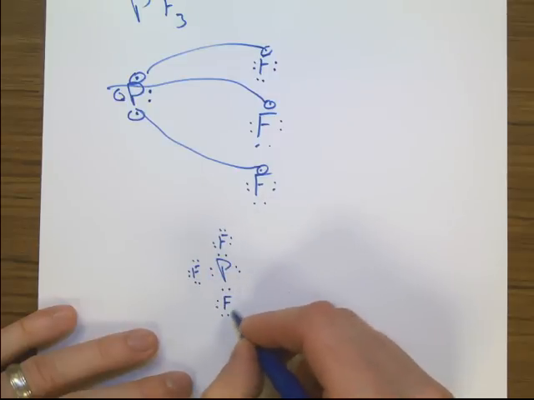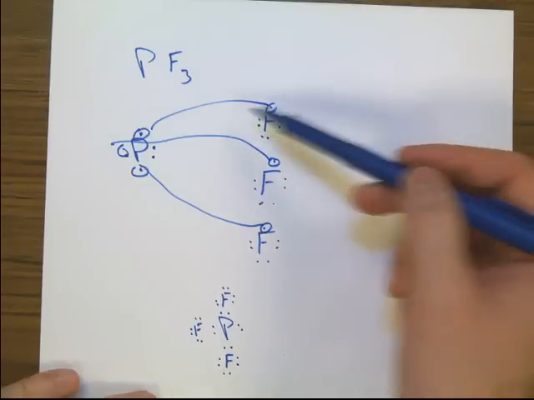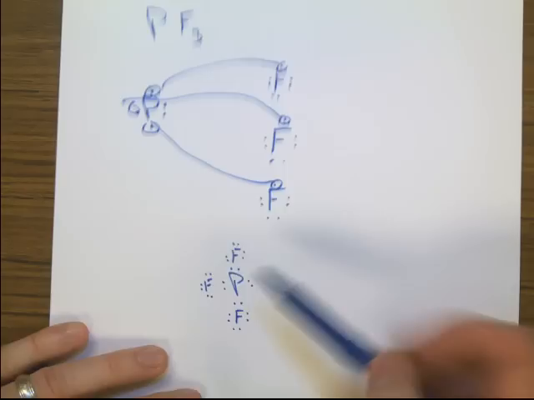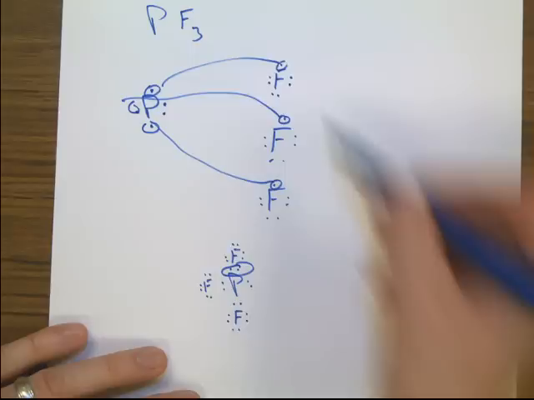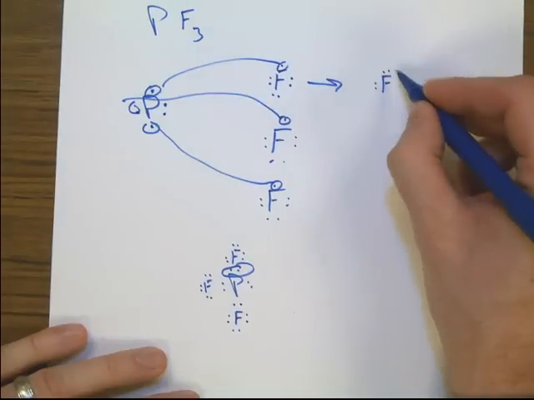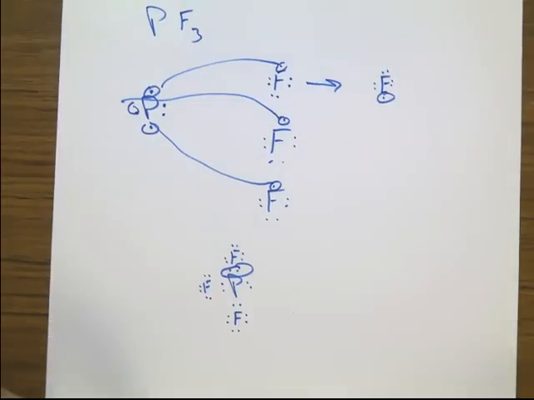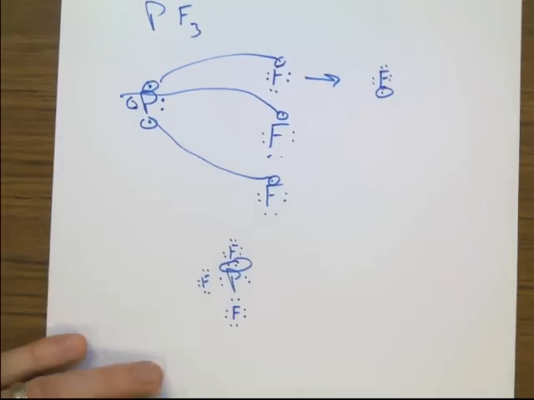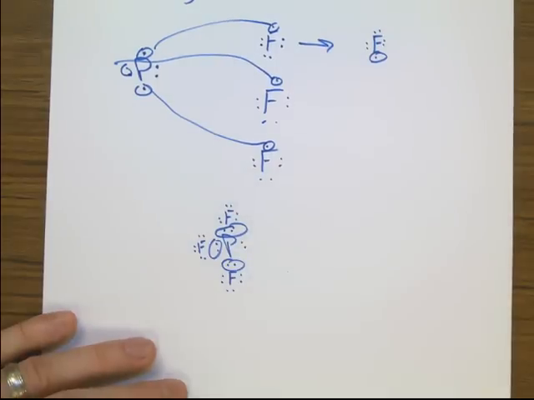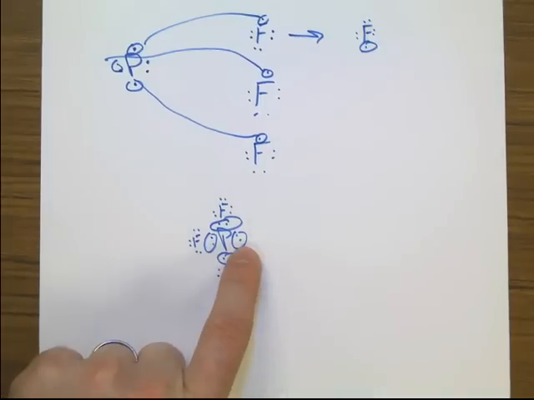Now, if in your head you were like, wait a second, those were unpaired valence electrons, and you showed this on top, and now that unpaired valence electron looks like it's being shared with the phosphorus down below, it's okay to imagine that fluorine with its unpaired valence electron at the bottom. Remember, these symbols just help us reason out how these molecules form and what their structures look like. So what you end up with are 3 bonding pairs and 1 unbonding pair where there's no bond being formed, but this pair is by itself.